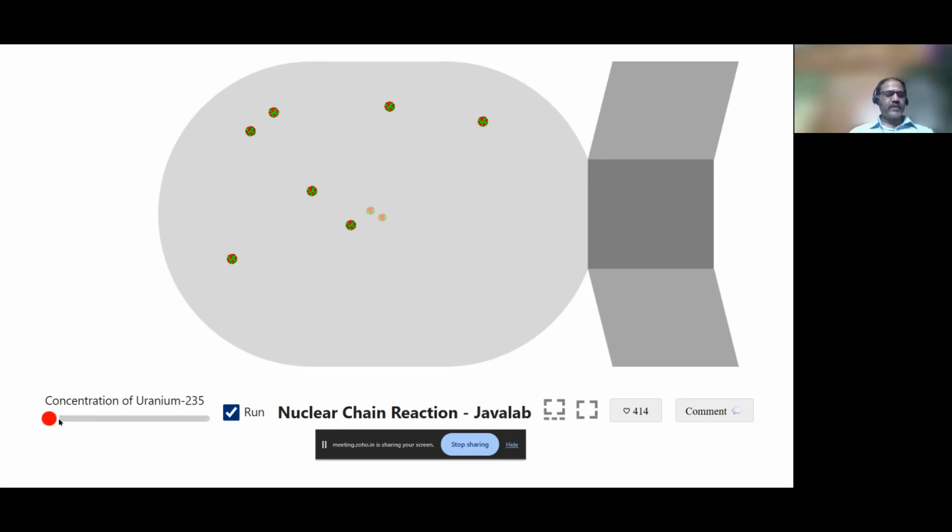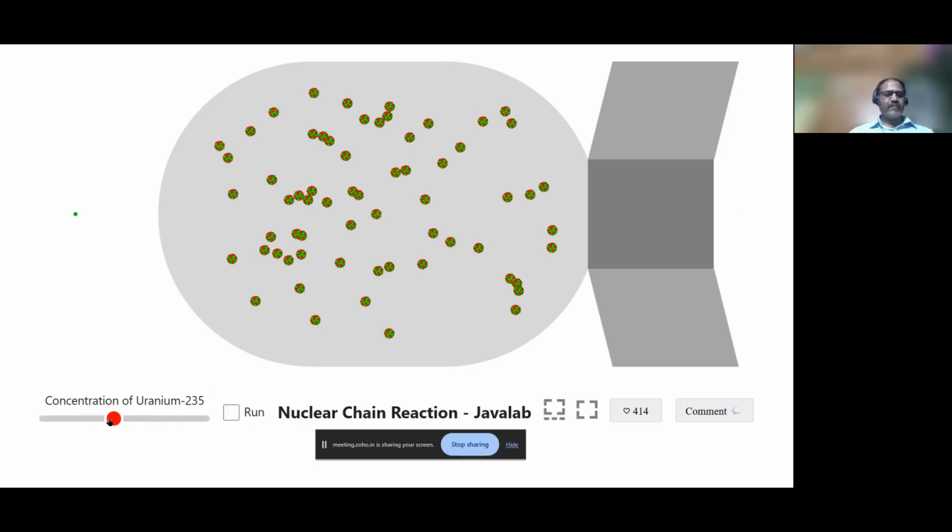Now watch, I am going to increase the concentration. Enrich. I am increasing the concentration because for the given volume, we have got a lot of uranium-235 over here. Now I run. It hits one, from there it moves, then that releases a few more atoms. Now I am increasing some more.